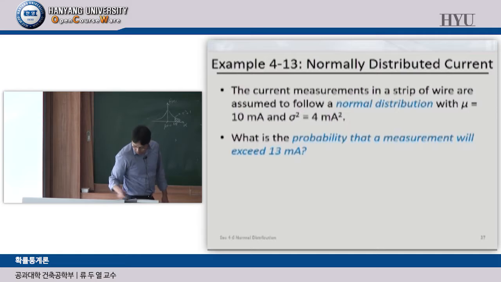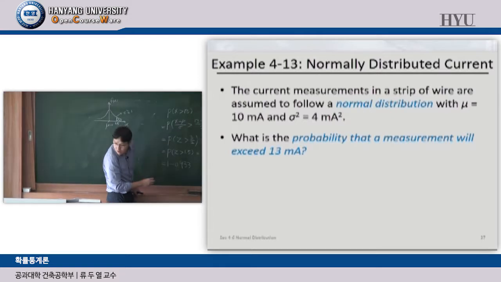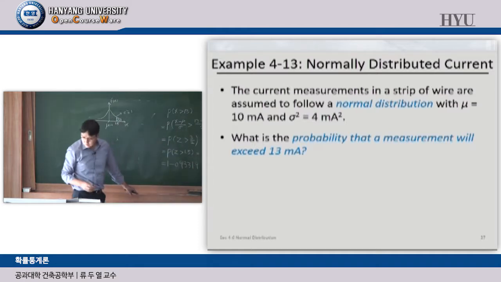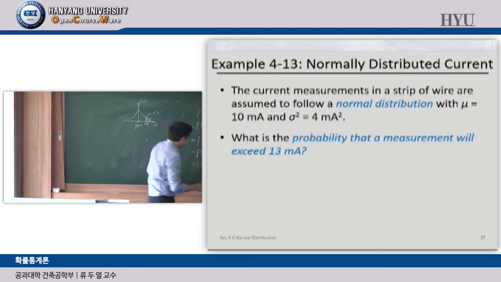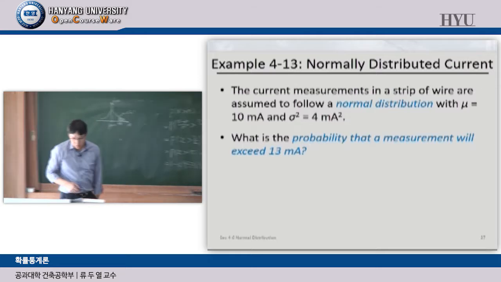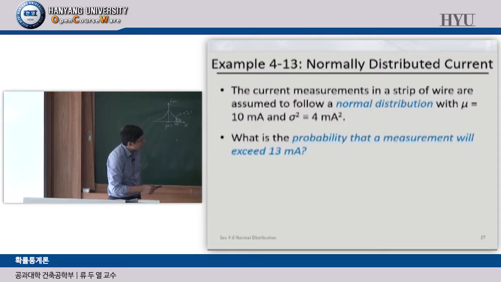By using the table, that is 1 minus 0.93319, which is equal to 0.06681. So we can simply calculate this example based on the standardizing method.